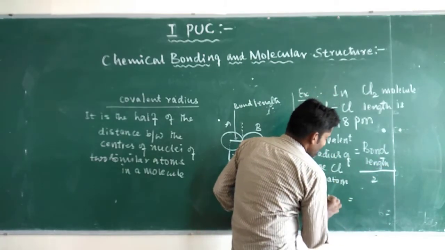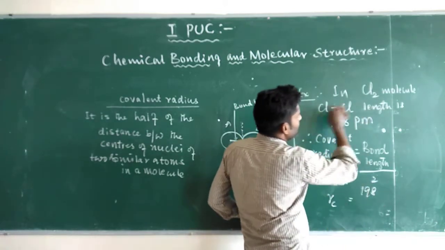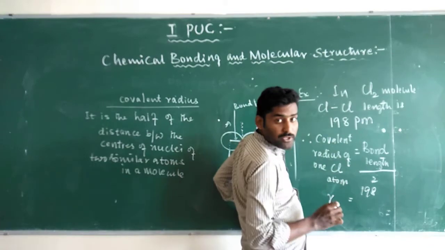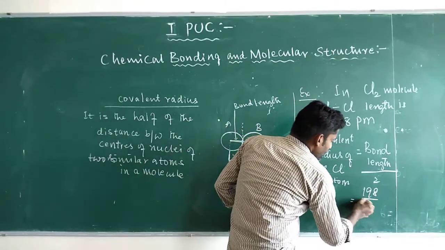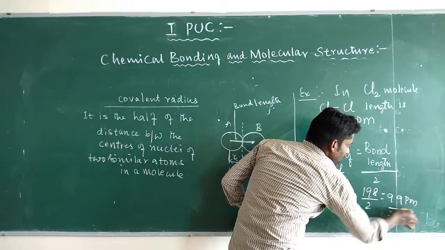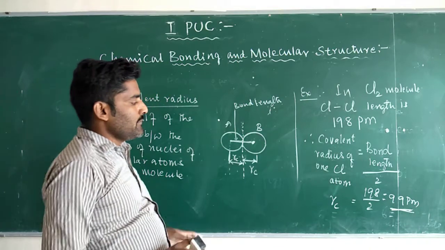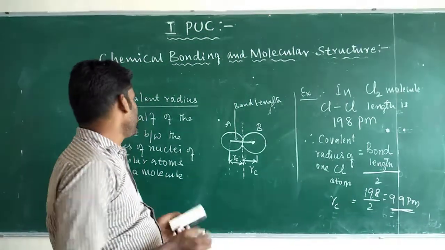So RC is equal to 198 divided by 2, since the bond length between two chlorine atoms in the Cl2 molecule is 198. So that is 99 picometer. The covalent radius of one chlorine atom is 99 picometer.